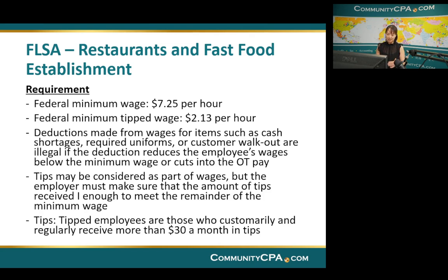Deductions made from items such as cash shortage, required uniform, and customer walkout are illegal if they bring down that minimum wage below $7.25 per hour or cut into the overtime pay. And tips are considered to be part of wages, but the employer must make sure that the amount of tips received is enough to meet that minimum wage requirement.